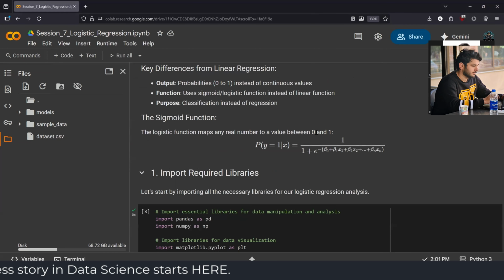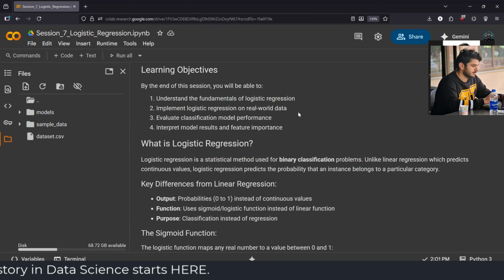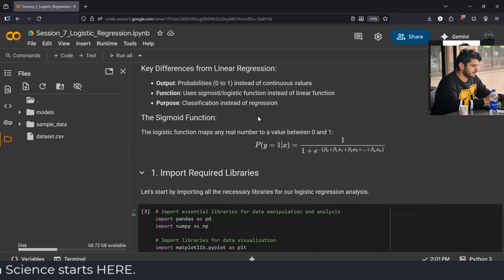First we need to understand what logistic regression is. Logistic regression is the algorithm that is going to be used to predict that. We see that in linear regression, we have an equation like y equals beta naught plus beta 1 x1 plus beta 2 x2. But in logistic regression, we have this equation.